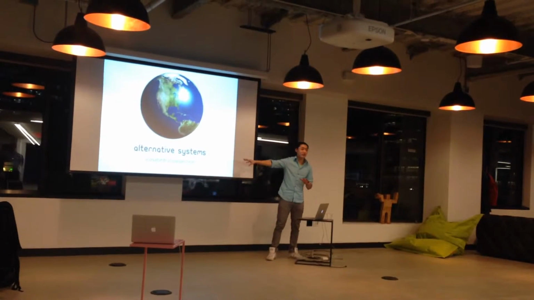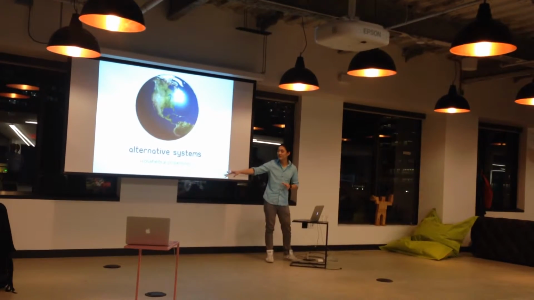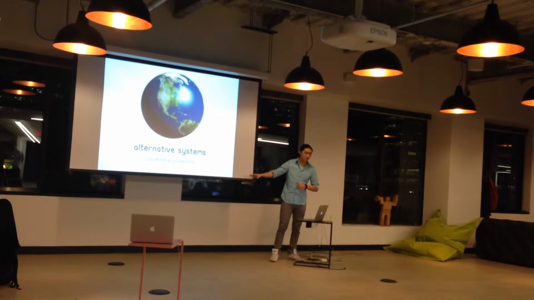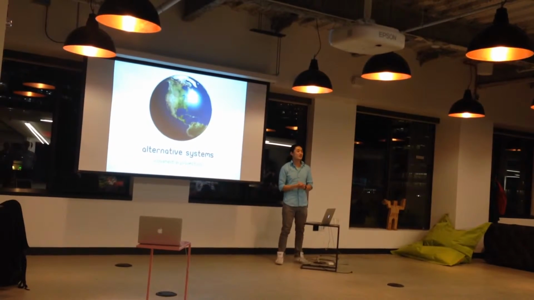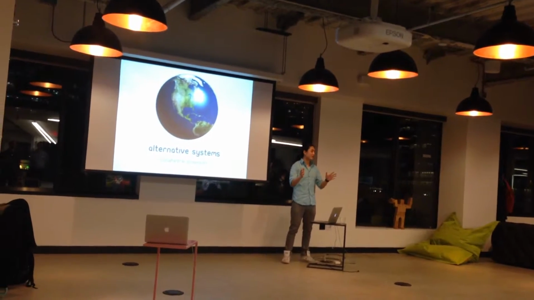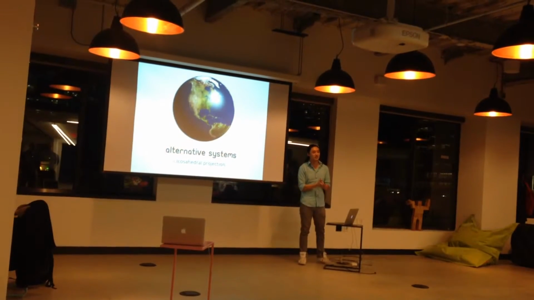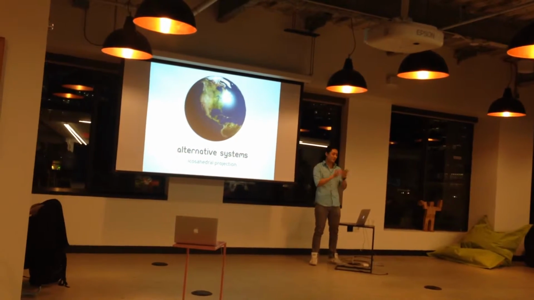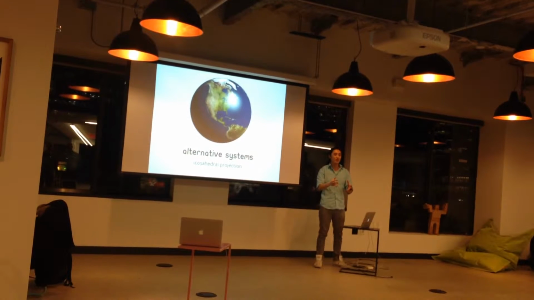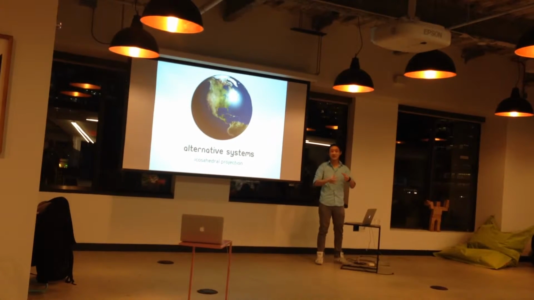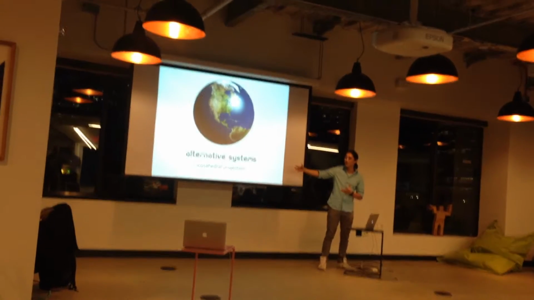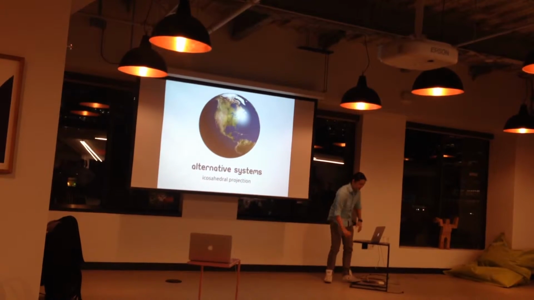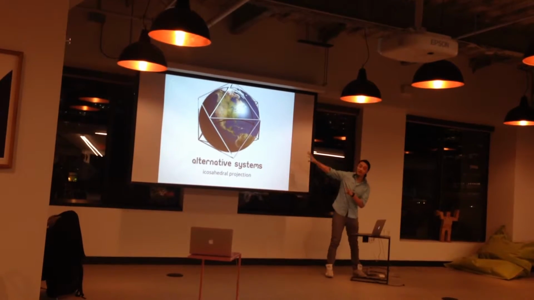This is a mouthful of words. It's called icosahedral projection. If you know about Plato, he came up with something called Platonic solids. The basic ones are a cube or octahedron, and then you go up to a bigger shape, which is the icosahedron.